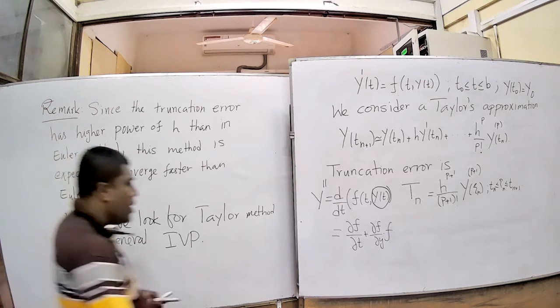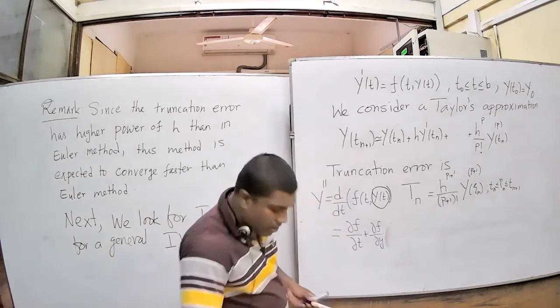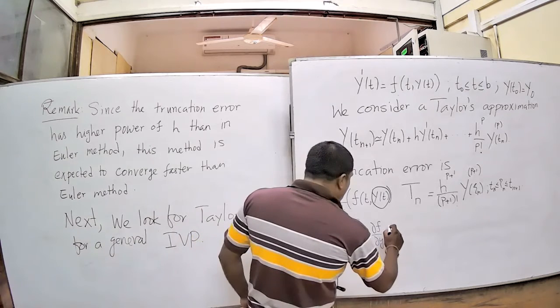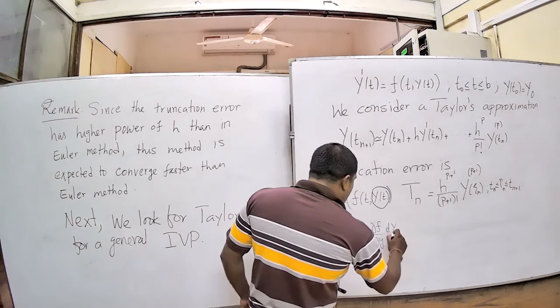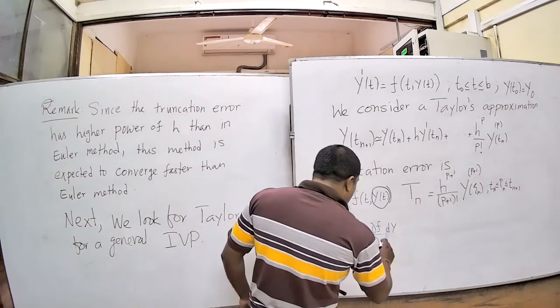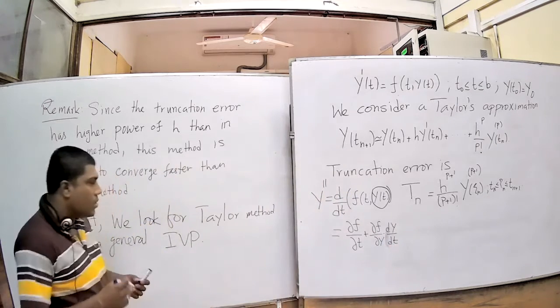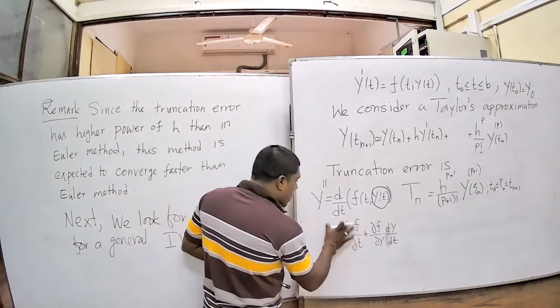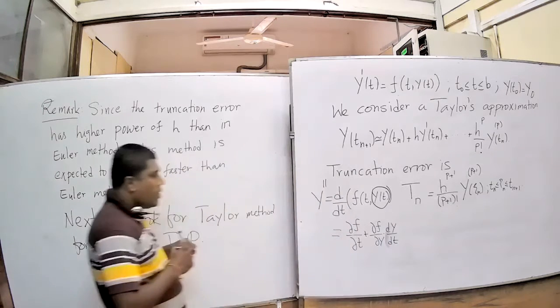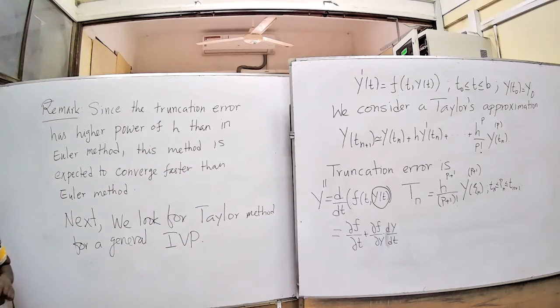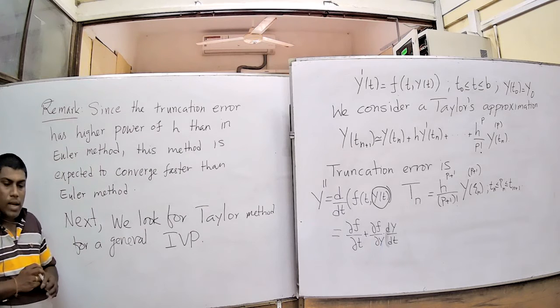I'm skipping a few steps, but you know the total derivative formula: derivative of the function with respect to t plus derivative of the function with respect to y times derivative of y with respect to t.